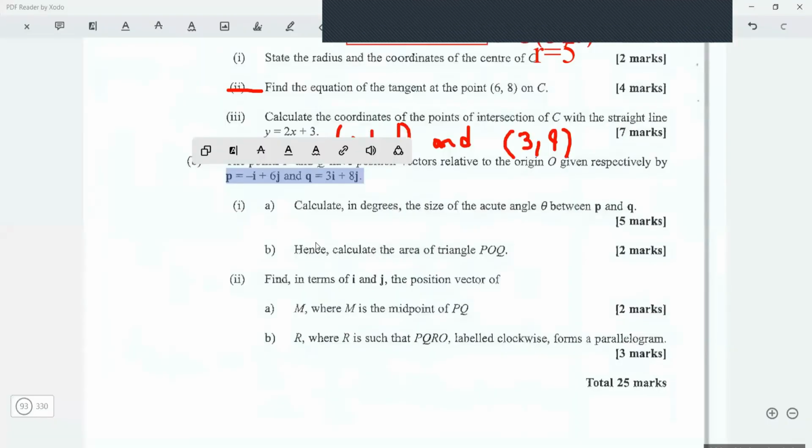Nice. Now it says, find in terms of i and j the position vector m, where m is the midpoint of PQ. Look what happened. That's why it's good to get a sketch in, guys.